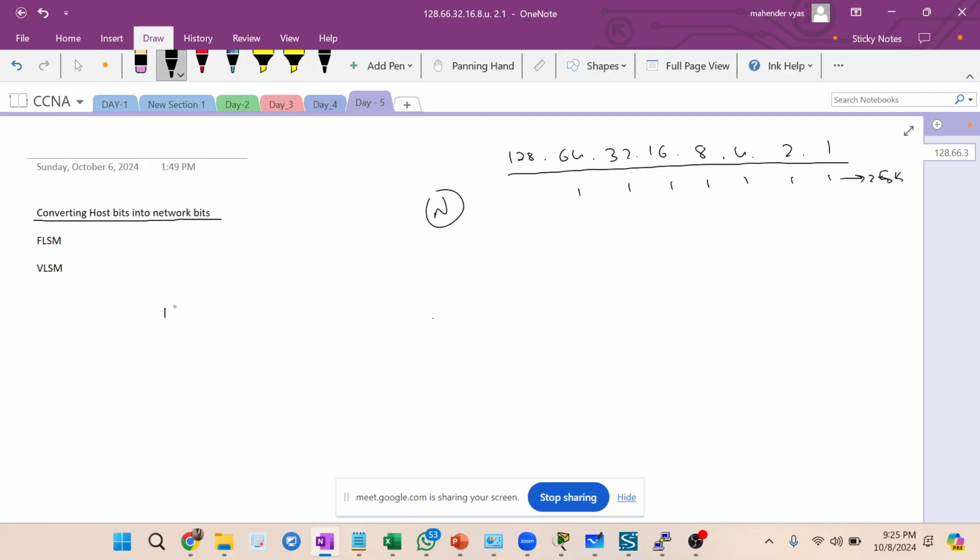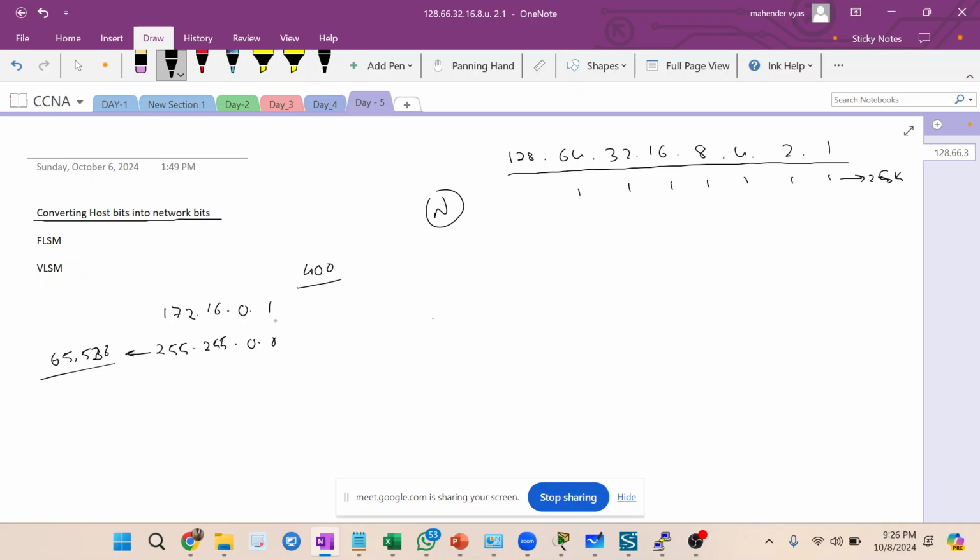Suppose I take a class B address, 172.16.0.1. The default subnet mask is 255.255.0.0. If I use this subnet mask, how many hosts am I getting? 65,536. But my requirement is, assume, 400 users now.